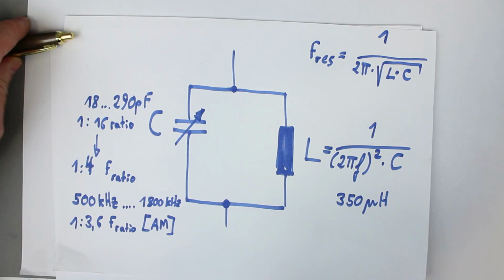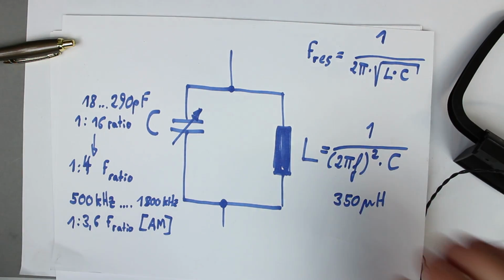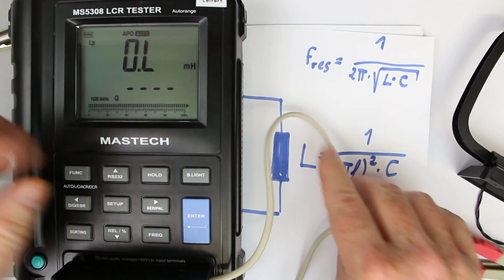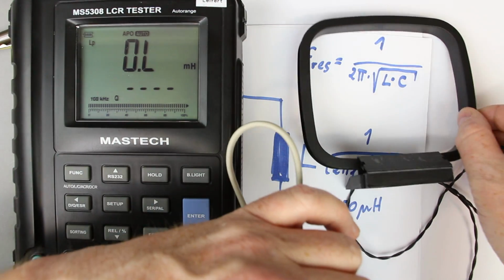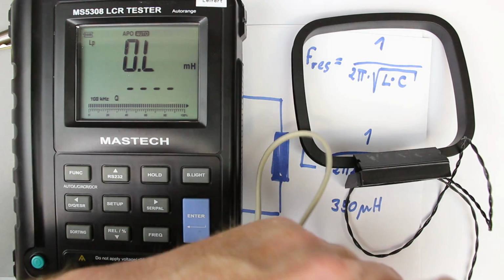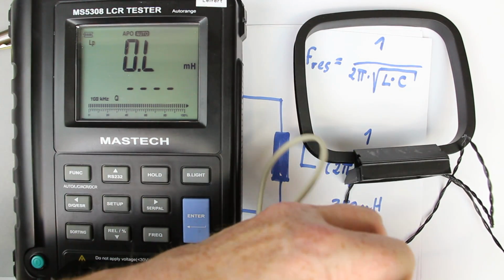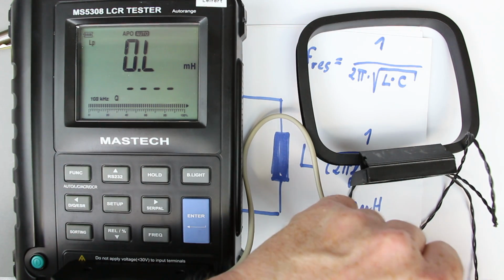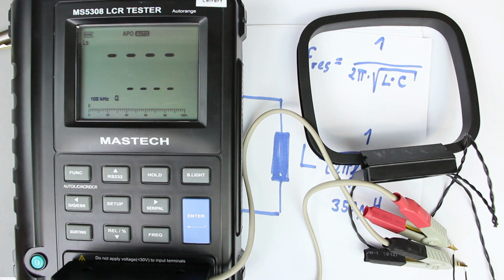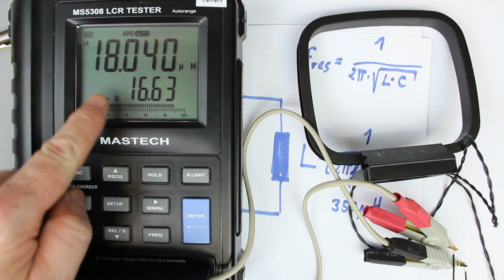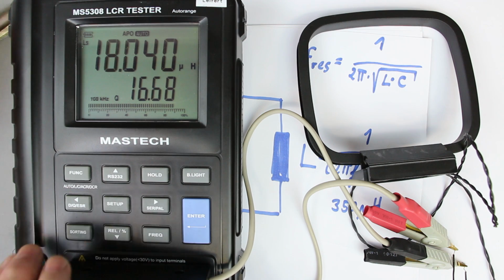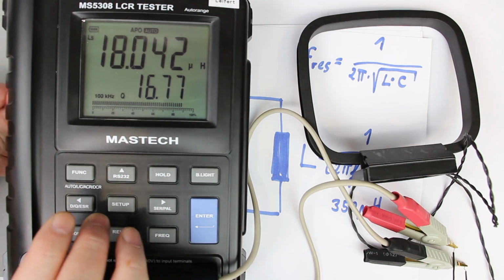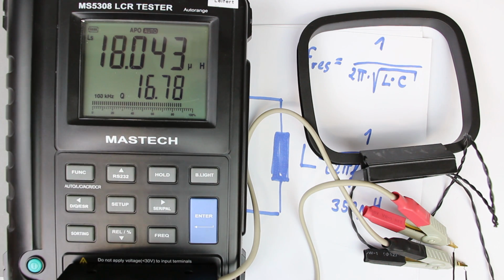So now let's still measure the other two coils we had, namely this one, which is from a commercial FM AM hi-fi stereo receiver. And now we get a little surprise. This one seems totally out of range with only 18 microhenries. It's a factor of 10 away from what we would expect.